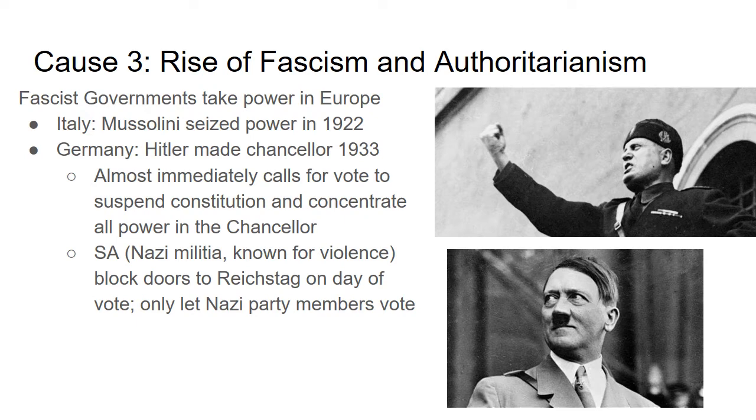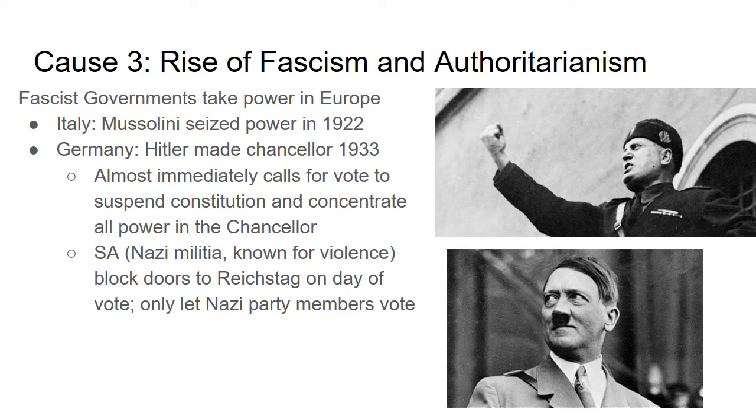So he is made chancellor as a way to shut him up. The other leading political parties are like, this guy, we'll make him chancellor. But the real power in the German democracy was with the Reichstag, with the legislature. And so they thought that, by giving Hitler this title, they could sideline him.